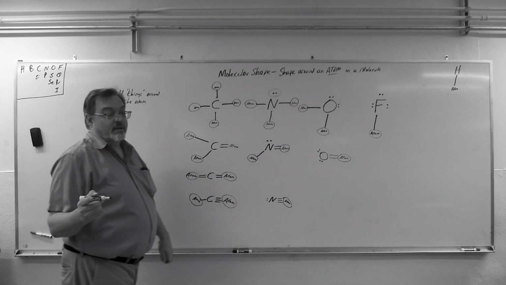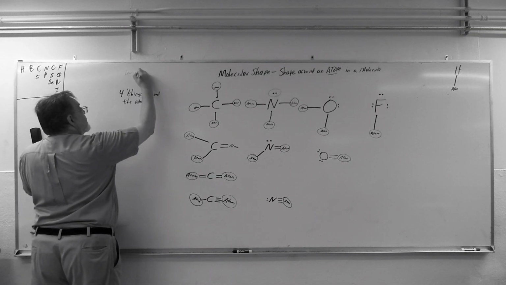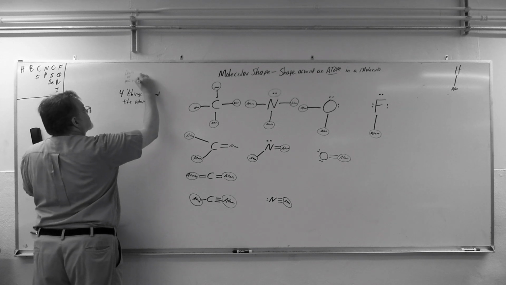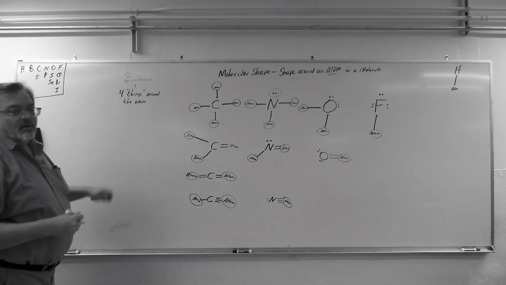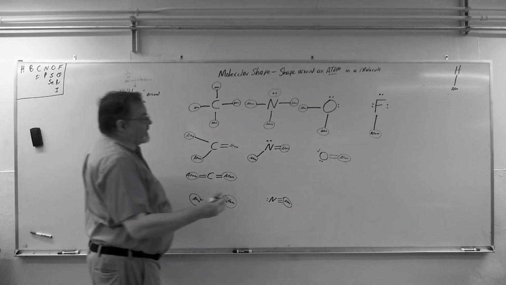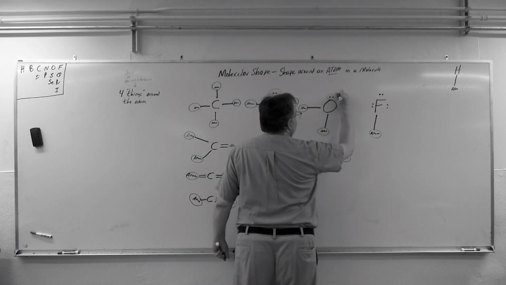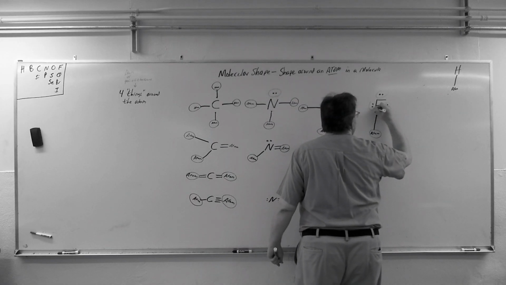That's still 4 things. By things, I mean an atom or a pair of electrons. That's what I mean by things. It's either an atom or a pair of electrons, but it's still 4. Here there's 2 atoms, 2 pairs of electrons. Here it's 1 atom and 3 pairs of electrons.